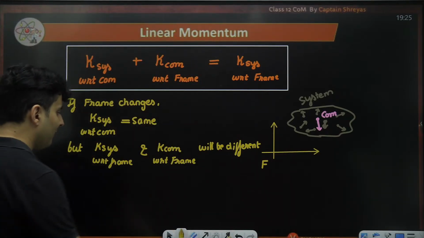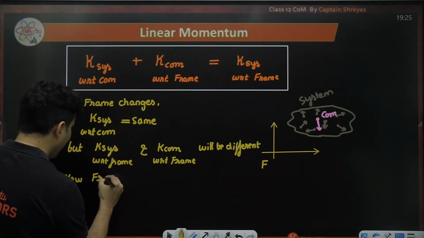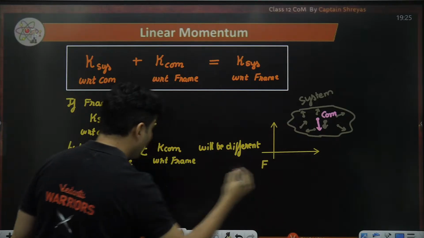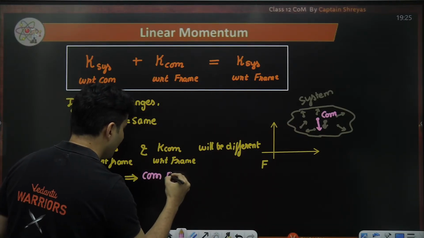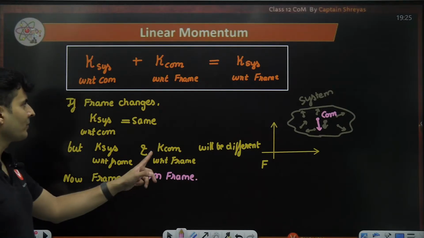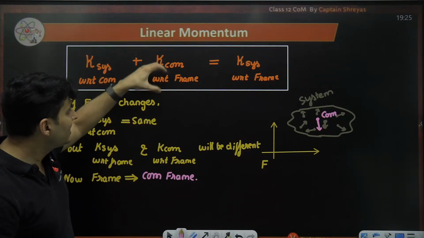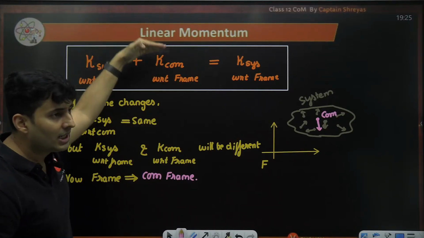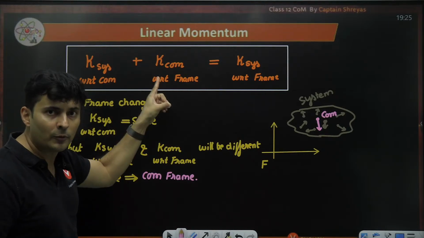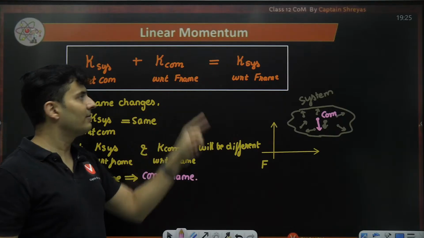So if now my frame itself becomes the center of mass frame, then this is not changing, this is changing, this can be lowered. It can't become negative. The least it can become is 0, and that will become 0 when my frame is itself the center of mass.